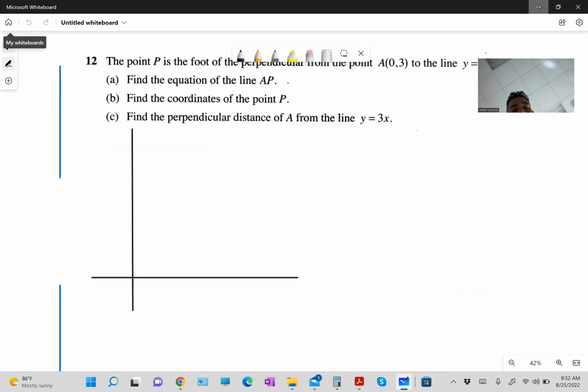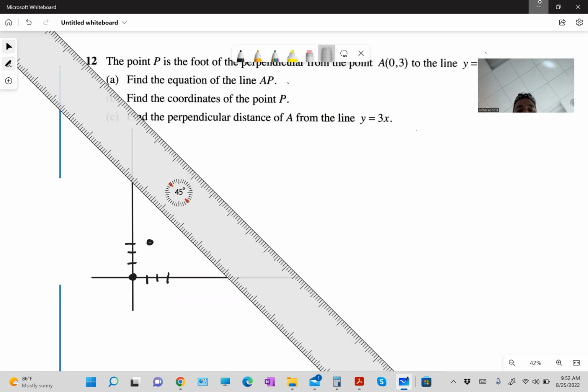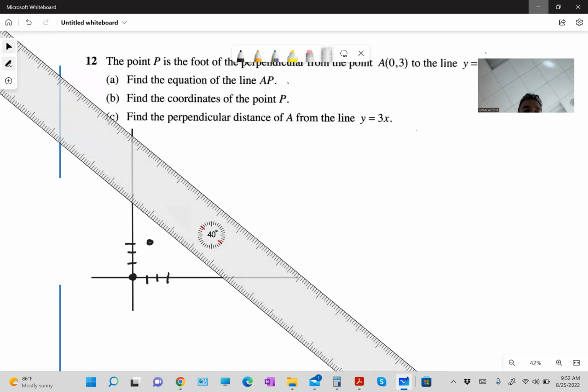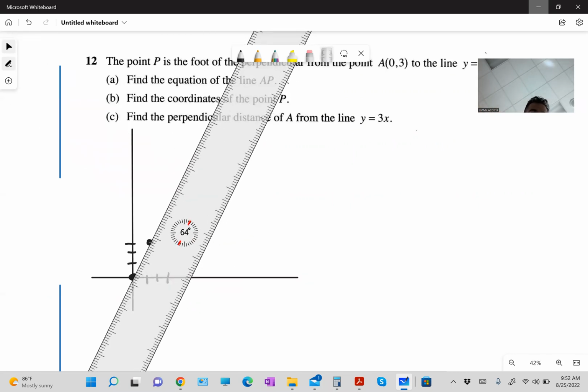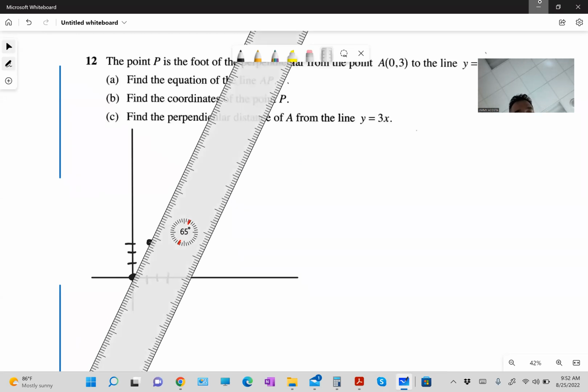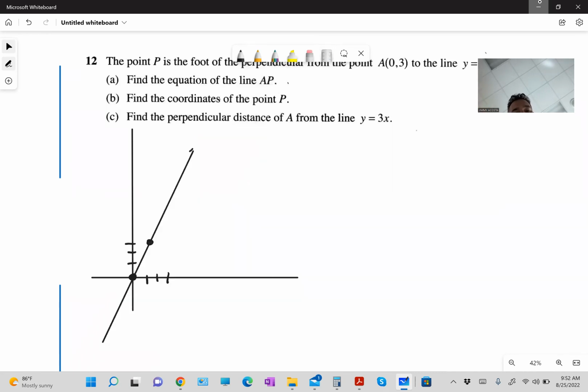And I'm going to sketch y equals 3x first. So (0, 0) is the origin, and it goes 1 over and 3 up. And so this here is the line. Now, A is right here.